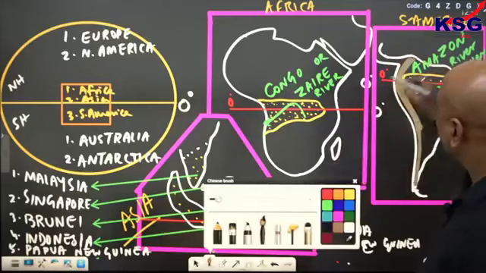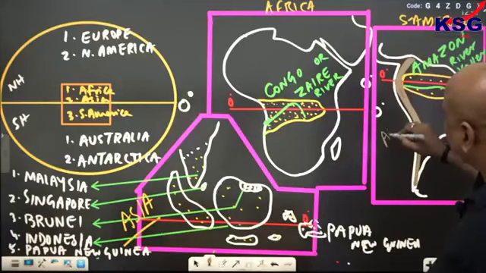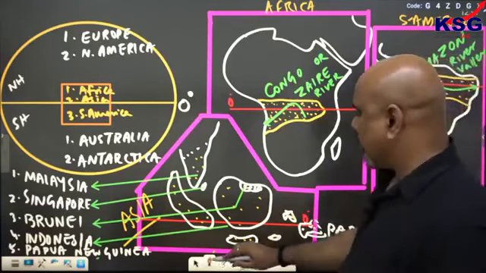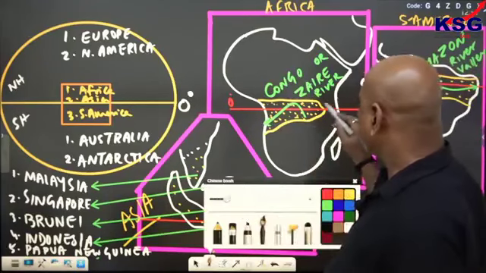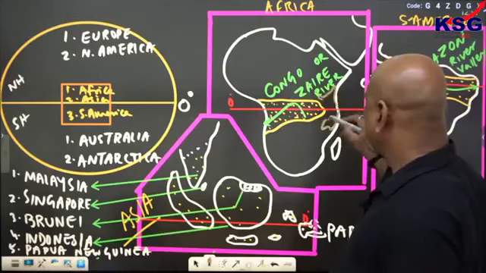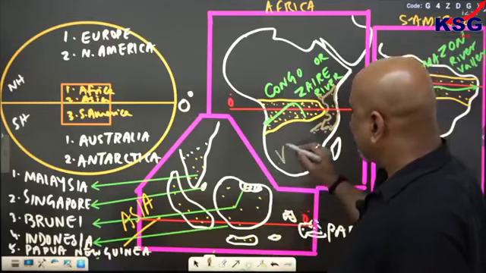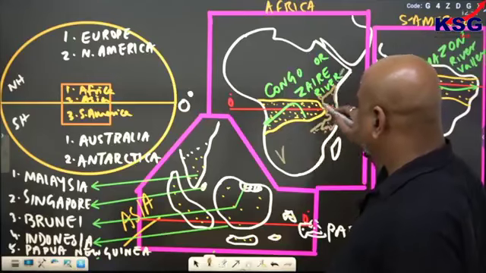Andes mountain, Andes. Andes mountain is here. And this side you have volcanic mountains and plateau. Volcanic Ethiopian plateau इधर ऊपर है.